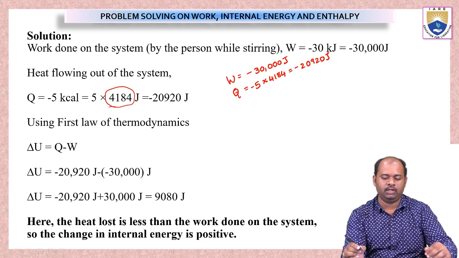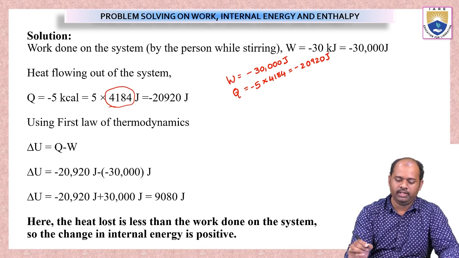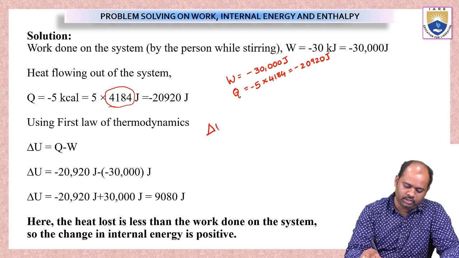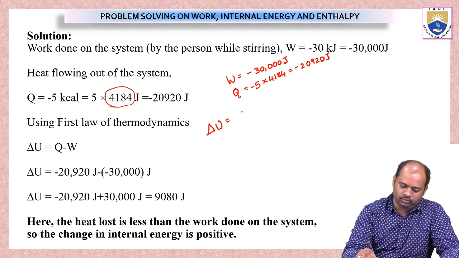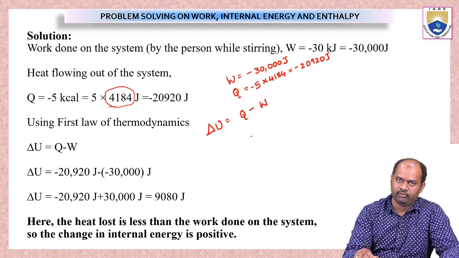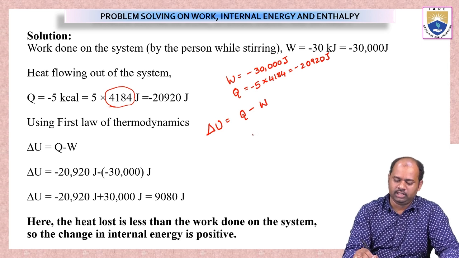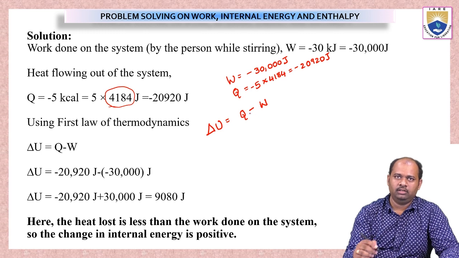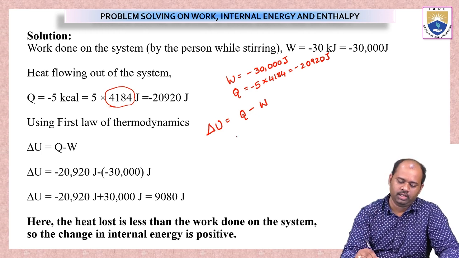So I have converted the kilocalories into joules. Now by using the first law of thermodynamics, I have the formula delta U is equal to Q minus W. This is the regular formula from the first law of thermodynamics. At least there is one thing we have changed, that is, we have to change the sign for work. Usually it is a positive sign, but here we have changed the sign to negative because the work is done on the system.